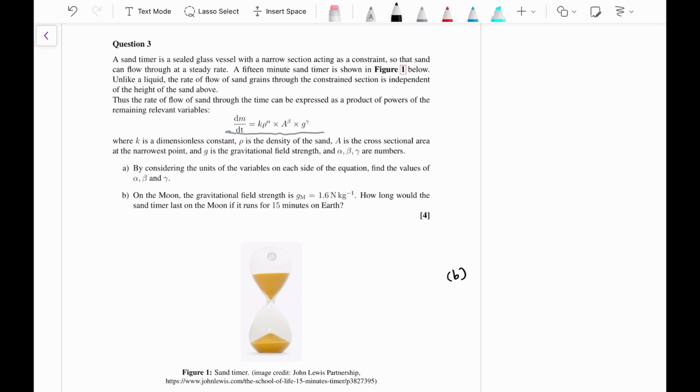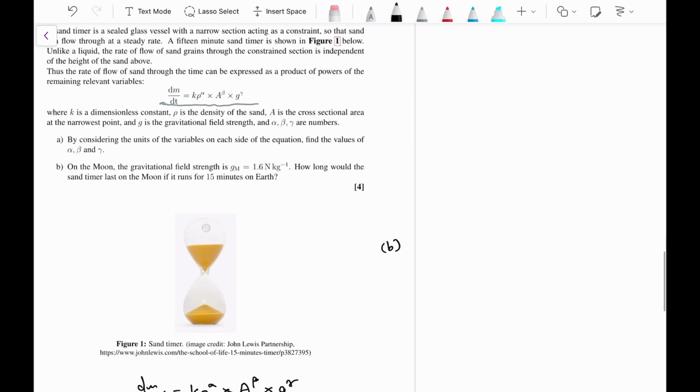So if we actually wanted to solve for k, the dimensionless constant, it won't actually be possible because we don't know A or rho. So my idea is that we can work on the fractional change in the gravitational field strength and then derive the time for the sand timer from the 15 minutes on Earth.